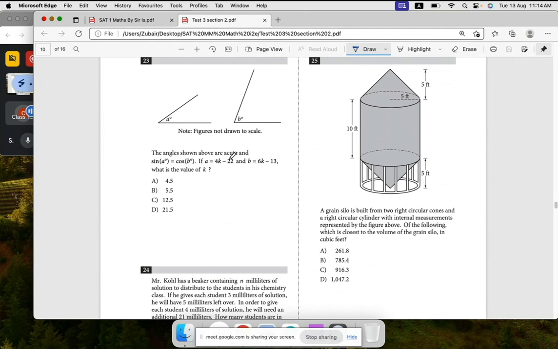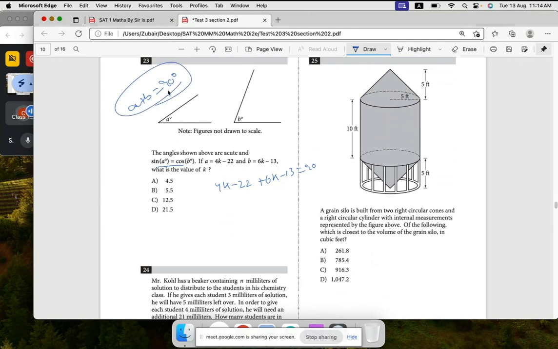The angles shown above are acute and sine alpha equals cosine beta. So if they are already equal, a plus b would be equal to 90. If a is equal to this and b is equal to this, what is the value of k? So 4k minus 22 plus 6k minus 13 equals 90. Do you agree?